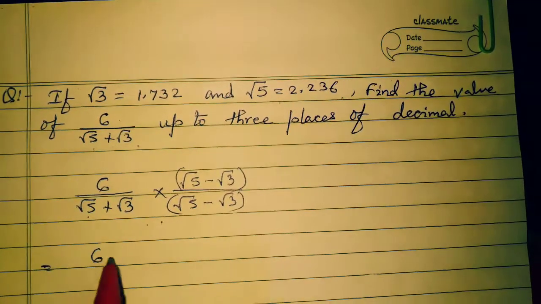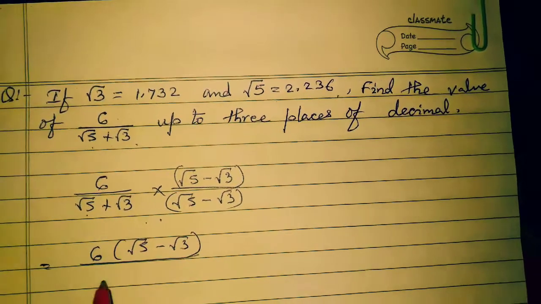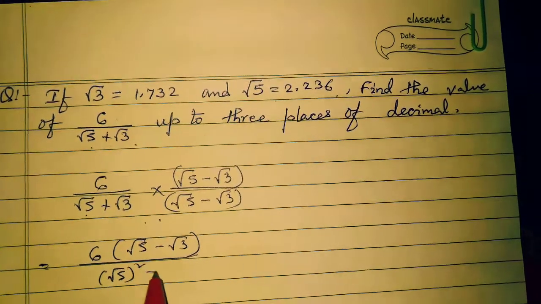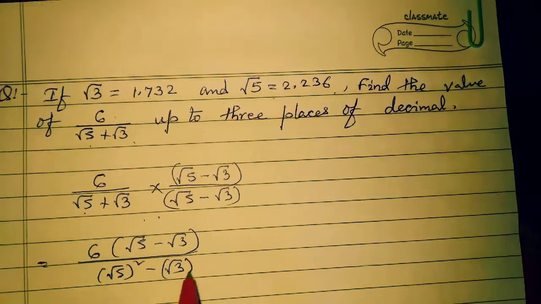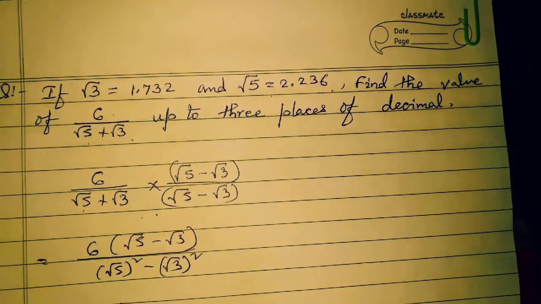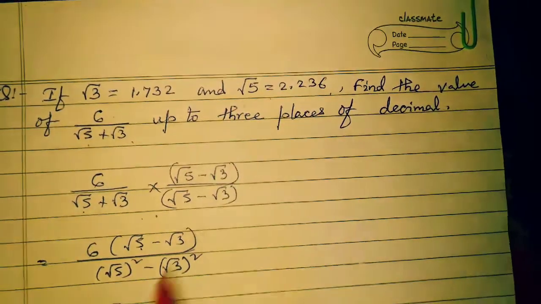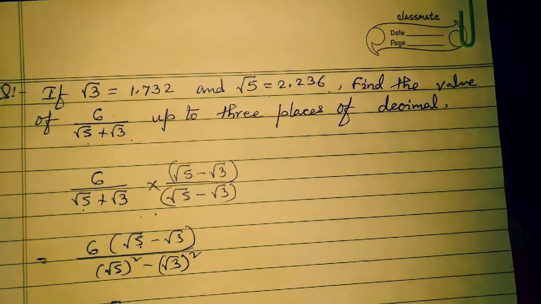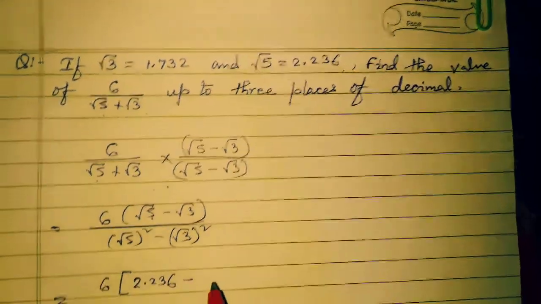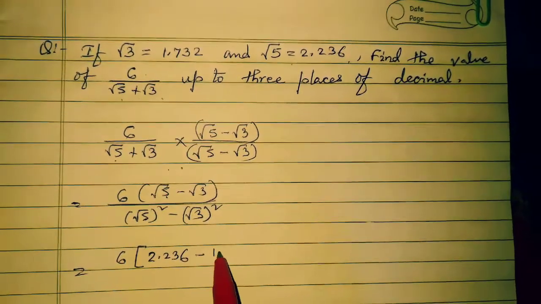That is 6 into root 5 minus root 3, and in the denominator, root 5 whole square minus root 3's whole square. Clear, student? So finally we'll get 6, and the root 5 value is 2.236 minus 1.732, the value of root 3.